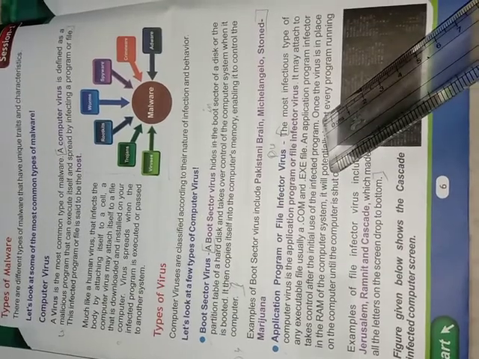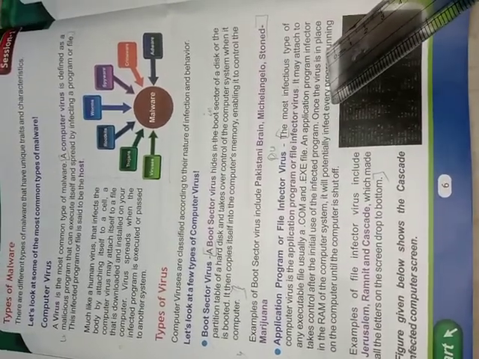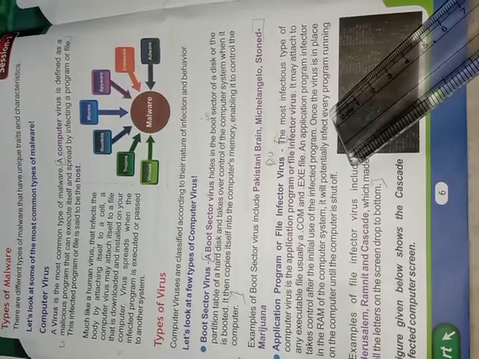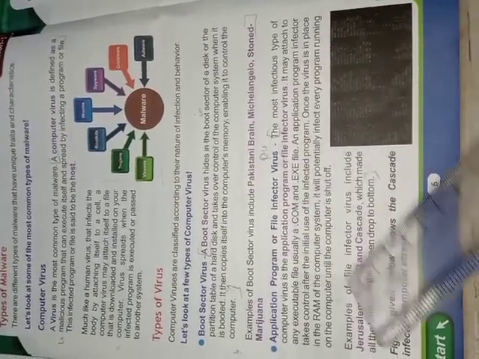An application program infector takes control after the initial use of the infected program. Once the virus is in place in the RAM of the computer system, it will potentially infect every program running on the computer until the program is shut off.